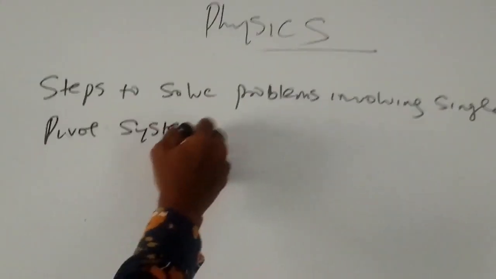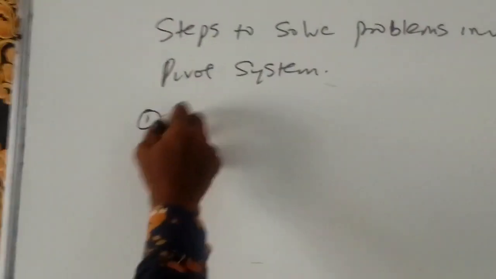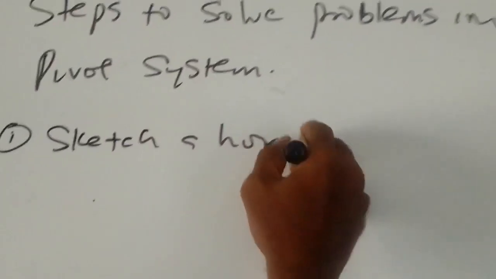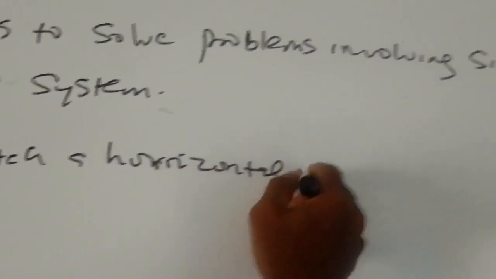The first thing we have to do is, one, sketch a horizontal line representing the body.